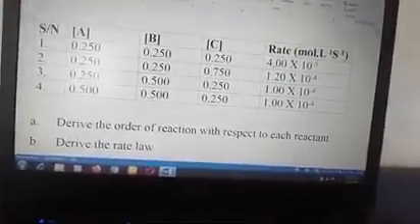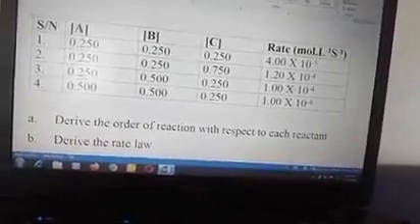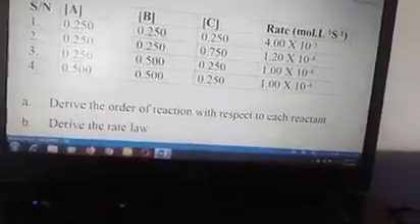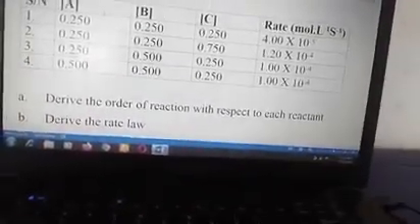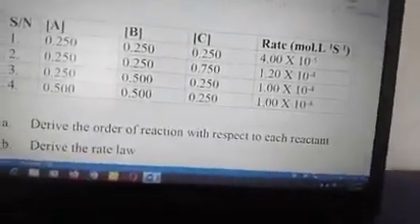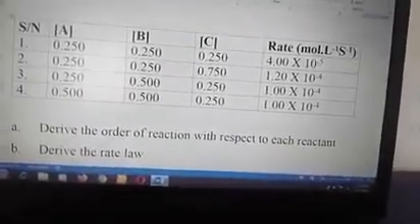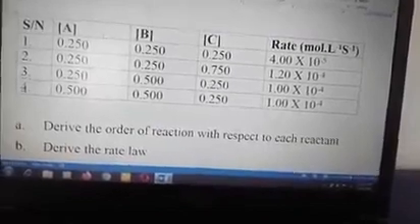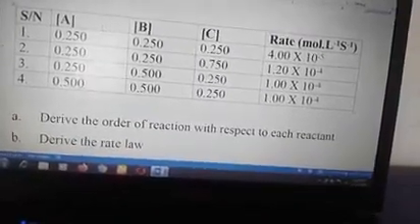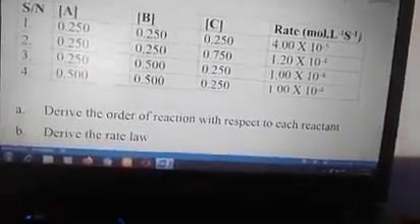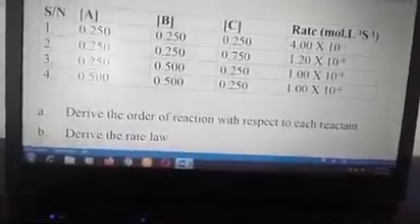Going to the rates of reaction. For the first row, 4.00 × 10^-5. Second row, 1.20 × 10^-4. Third row, 1.00 × 10^-4. And then the fourth row, the same 1.00 × 10^-4.